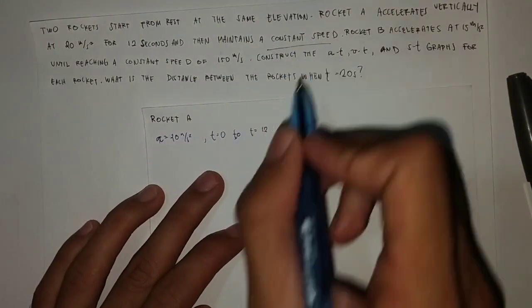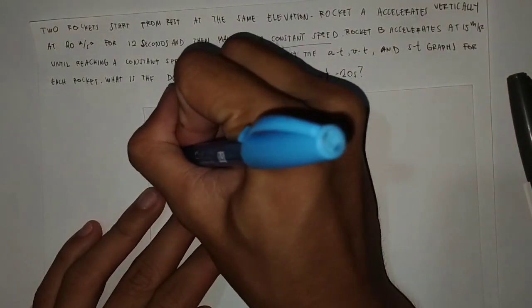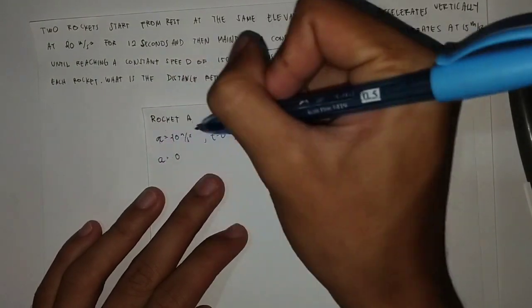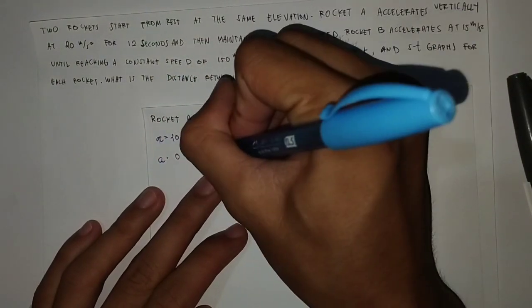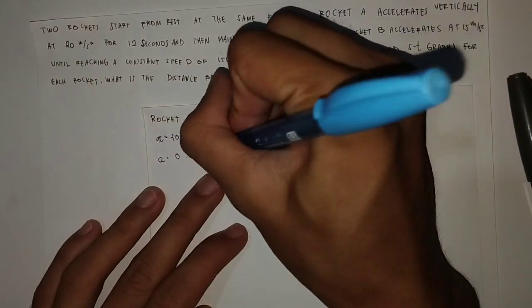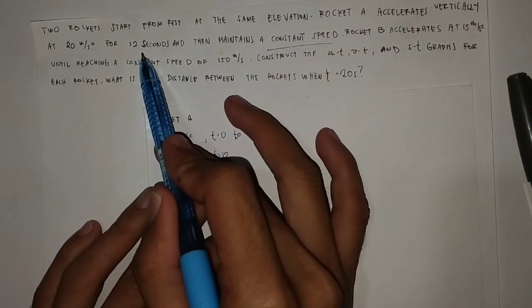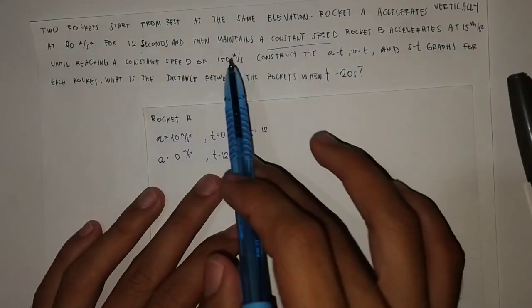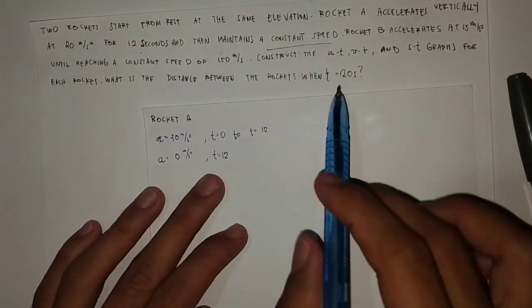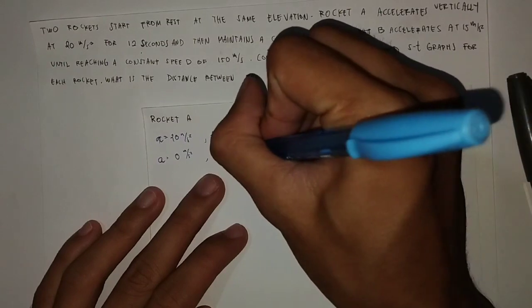When we say constant speed, the acceleration will be 0. Therefore, the acceleration is 0 from t equals 12, since for 12 seconds is the acceleration, and then it maintains a constant speed until the time 20.